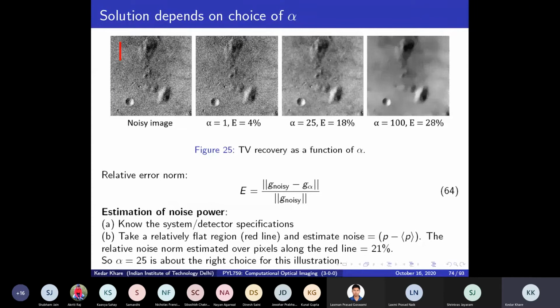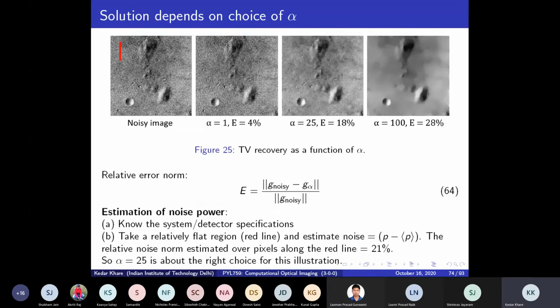If I go much smaller than that, you see that the noise is still retained. If I go much larger, you see artificial smoothing of the image. Visually also, for this alpha the image looks right, since it preserves all the features. Okay, so this is the idea.